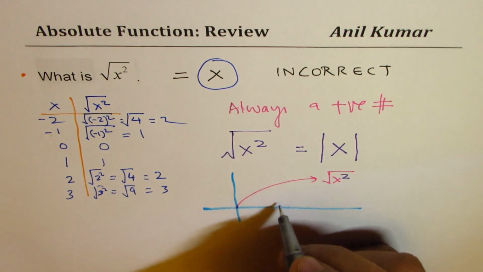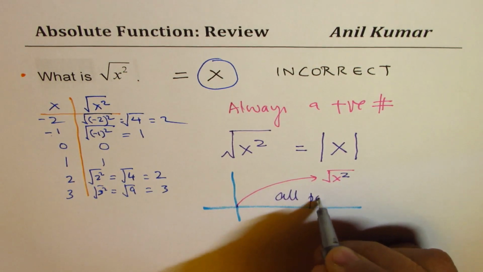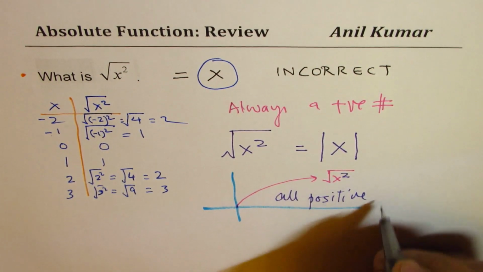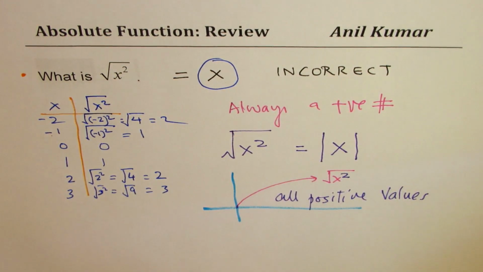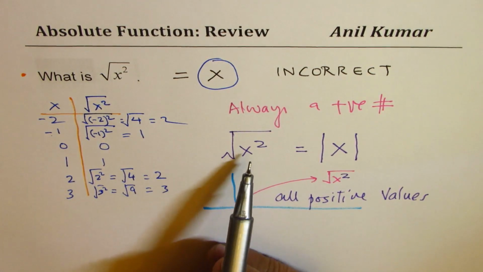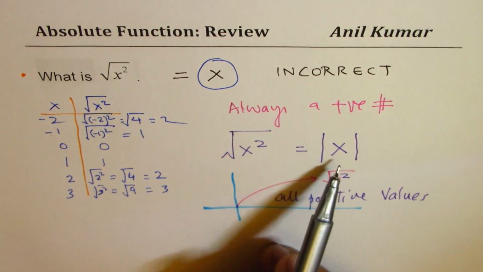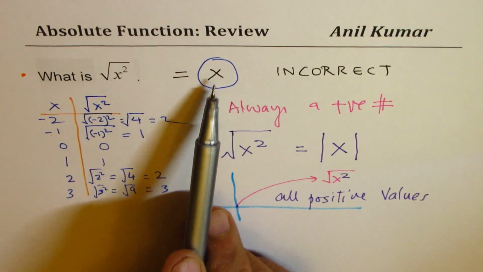Does it make sense? Why am I writing like this? I want to create an impression on your mind that square root of x square is indeed absolute value of x and not x.